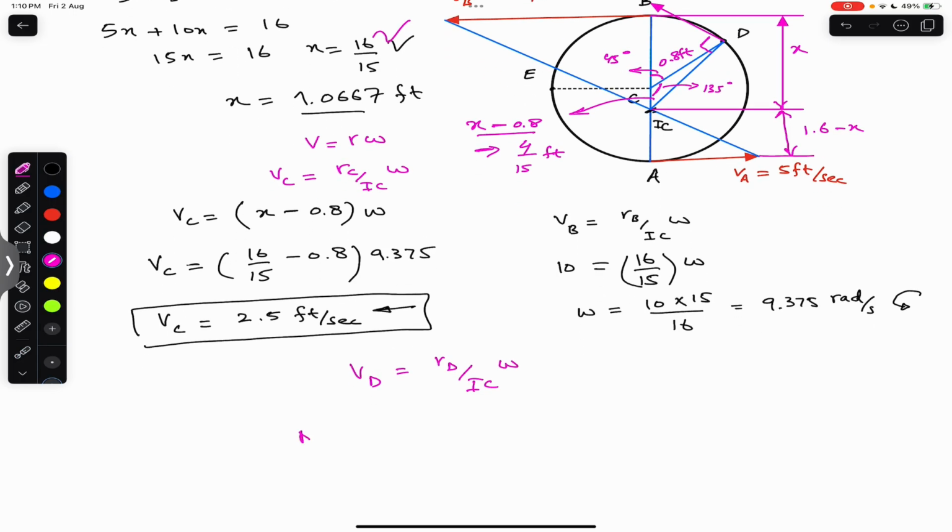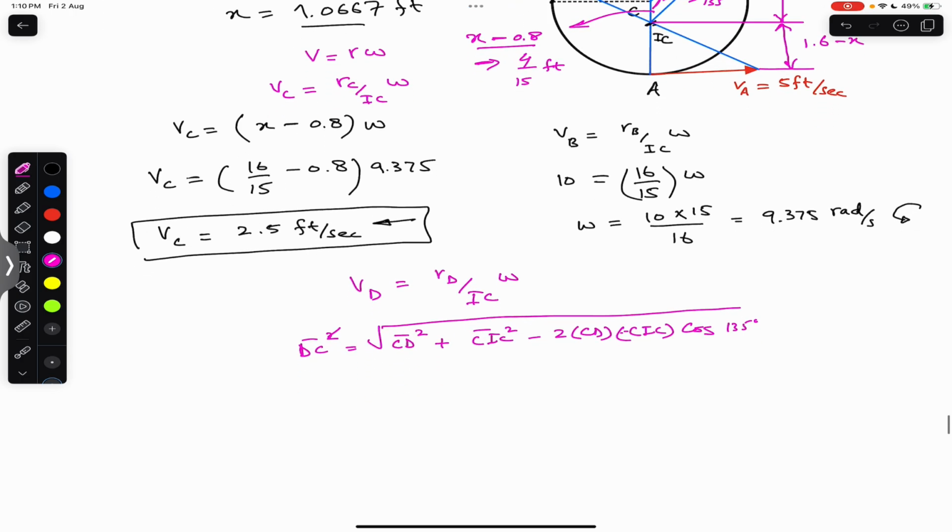We can say that DC squared is equal to CD squared plus C-instantaneous-center squared minus 2 times CD times C-instantaneous-center times the cosine of the included angle. The included angle is 135 degrees. And if we want to find the length of DC, we need to take the square root.